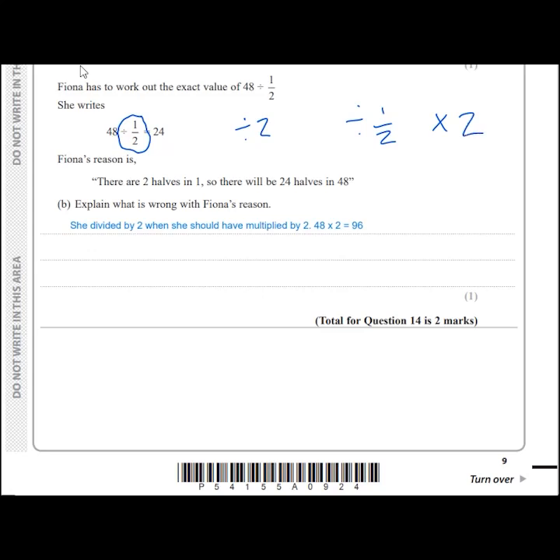You can think of a half as being a bit like dividing by 2. So what we're doing is dividing by 2, and when you do a divide and a divide, that's the same as doing a multiply. So we get times 2 here, which is where Fiona made a little slip up. Hopefully none of us are going to be doing that.